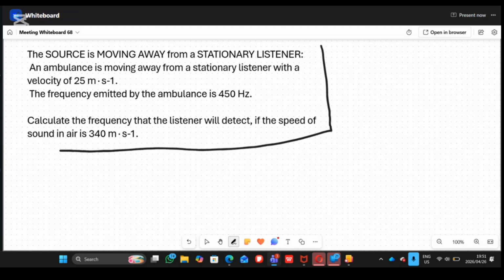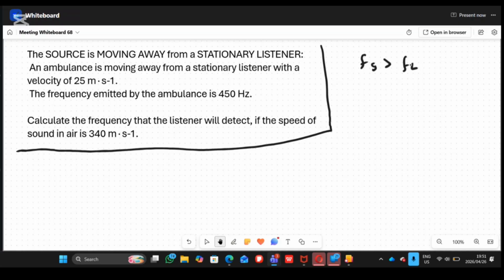Let's talk about this one. A sound source is now moving away from a stationary listener, and we still want the frequencies. Do you guys agree with me that the frequency of the sound source will be greater than the frequency of the listener?